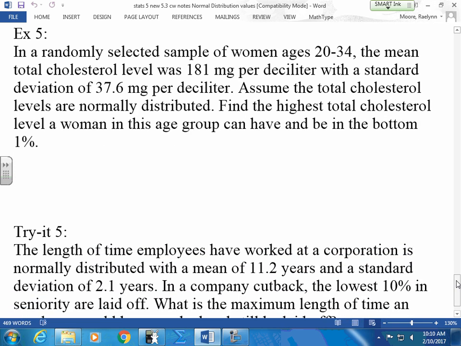Okay, let's try another one together. In a randomly selected sample of women ages 23 to 34, the mean cholesterol level is 181 milligrams per deciliter with a standard deviation of 37.6. Assume that they're normally distributed. Oh, normally distributed?